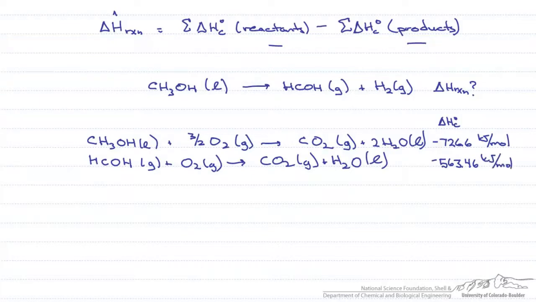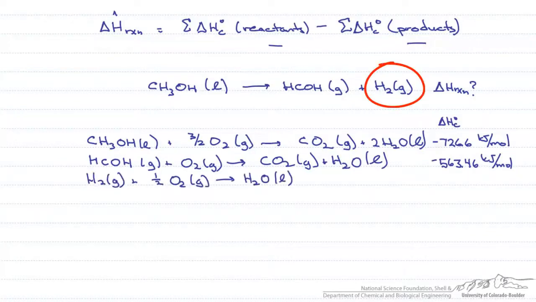Finally, we're going to look at the combustion of hydrogen gas, and this has the heat of combustion of negative 285.84 kilojoules per mole. One of the things that you might notice in all of these combustion reactions is they are measured as if the water as a product is liquid, not gas.